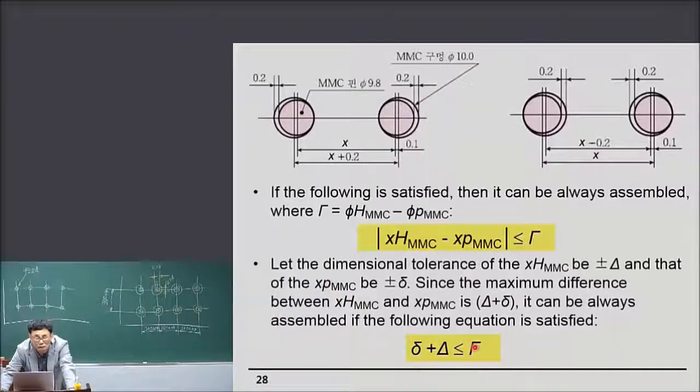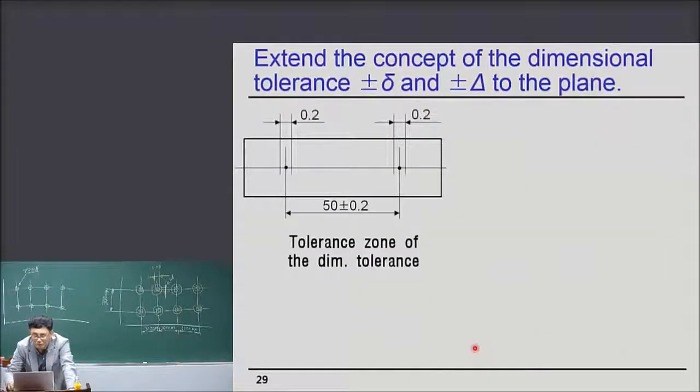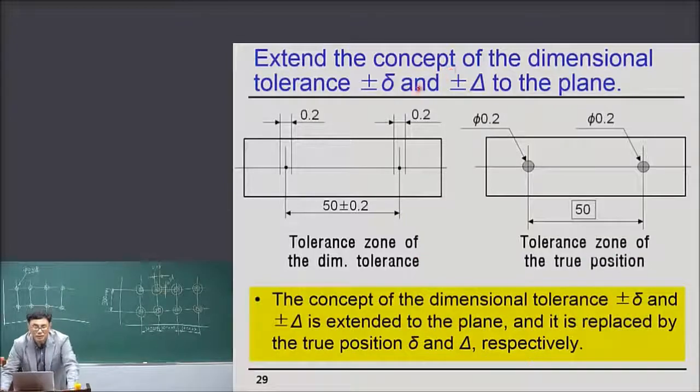Now extend the concept of dimensional tolerance plus or minus small delta and plus or minus large delta to the plane. This is equivalent to here. So the concept of dimensional tolerance plus or minus small delta and plus or minus large delta is extended to the plane, and it is replaced by the true position small delta and large delta respectively.